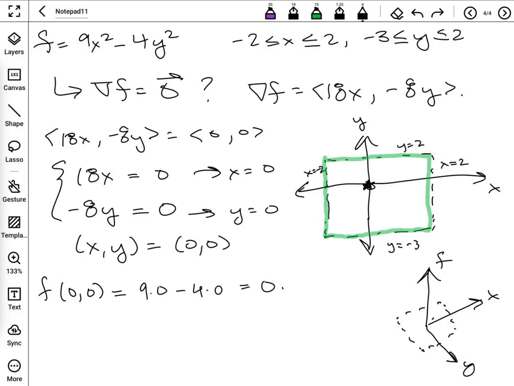It's going up in x, but kind of going down in y. It's kind of like a saddle. And so at the origin I'm at 0, but as I move towards those edges my function could be increasing or decreasing. It's not a local maximum or minimum except for that I cut off at that point, and so it could be the highest or lowest point I managed to go through before I stop thinking about the function.